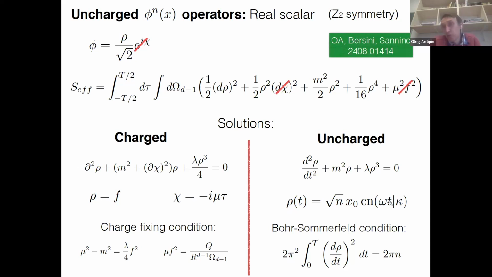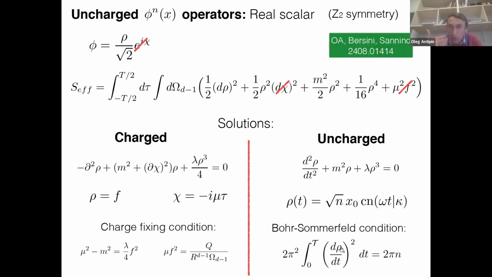And this solution is known actually for this equation, for the quartic equation. It gives you elliptic functions, Jacobi elliptic functions. In this case, it's the Jacobi cosine function with the frequency omega and modulus kappa. They describe oscillations, of course. And before, we had to use the charge fixing condition to introduce the charge.